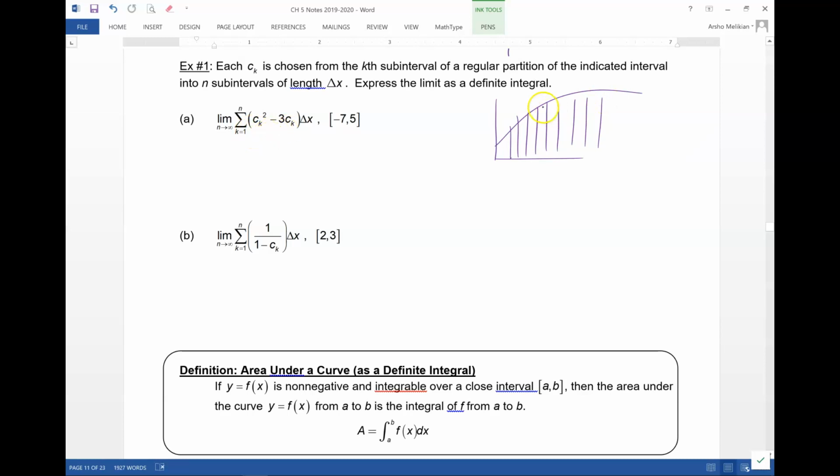This is telling you they're taking a sample and then adding them all up. So basically you have to write this as an integral. What are the limits of integration here? From where to where does this run? It goes from -7 to 5.